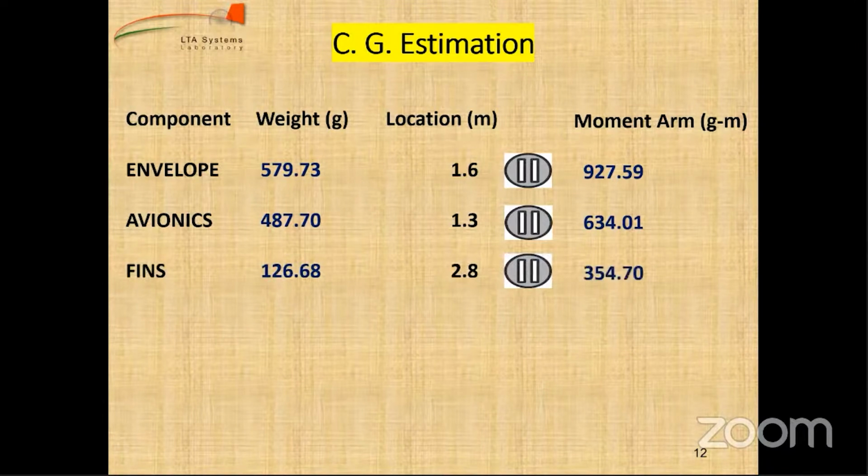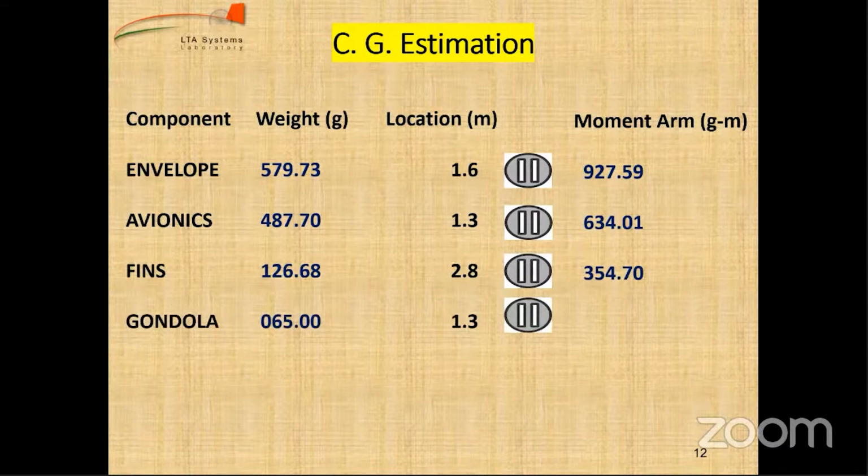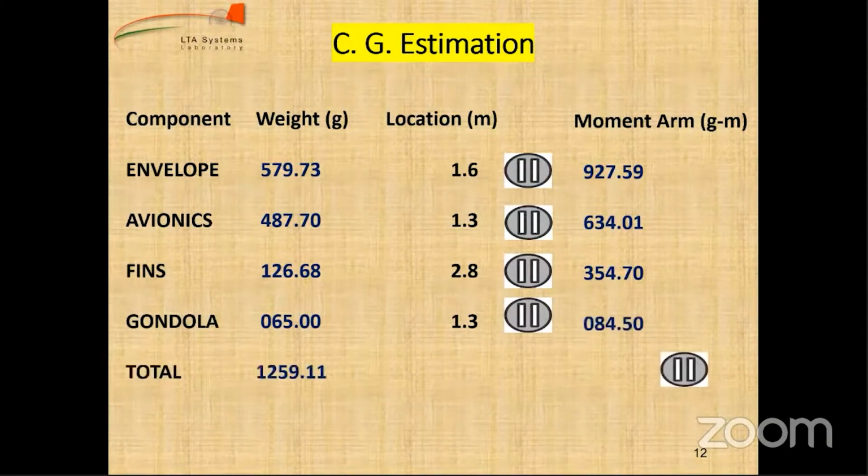Okay. And gondola. 84.5. Okay. So finally, the total weight of all these components is 1259.11, which we looked at in the previous slide as well. What we need now is the total of the moment arms. So can you please sum all the moment arms and tell me what you get here?